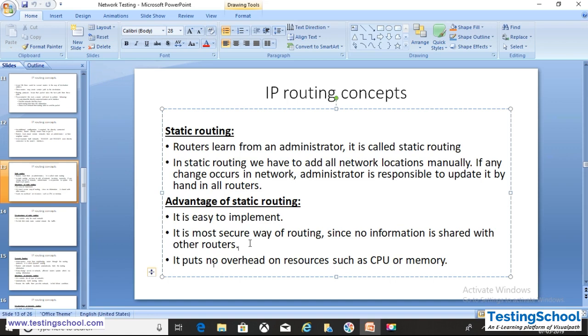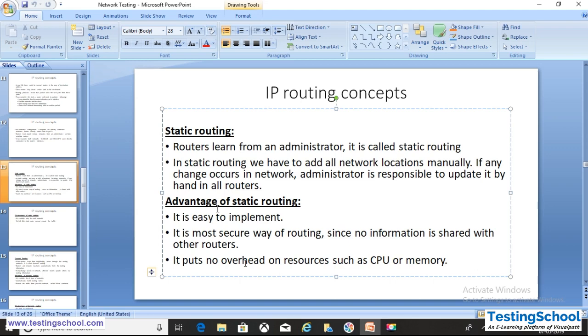Generally, if we see the other type of routing, this is static routing, the other is dynamic routing, which we are going to see in the next section. In dynamic routing, a lot of messages will be shared, and a lot of exchanges they will do, and depending on that they will take the routing decision. So we can say a lot of overhead is involved in those things, but here there is no overhead. So these are the advantages of static routing.